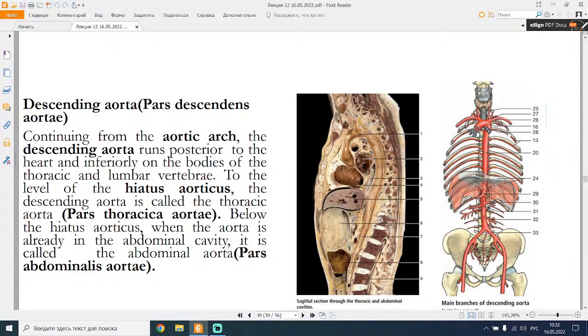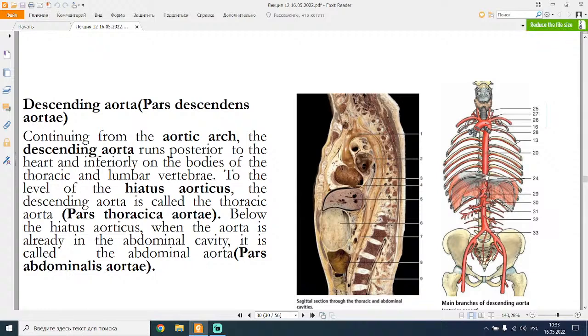Continuing from the aortic arch, the descending aorta runs posterior to the heart and inferiorly on the bodies of the thoracic and lumbar vertebrae to the level of the hiatus aorticus.